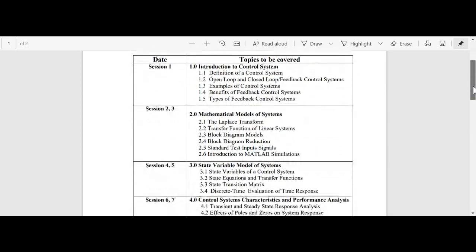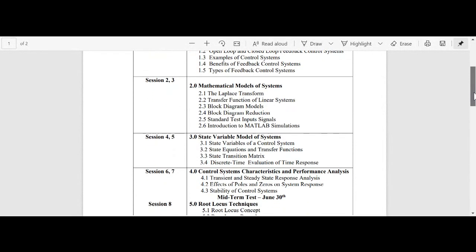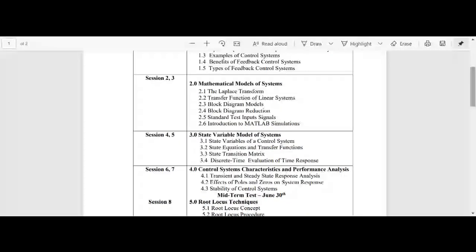Essentially in this section we'll be looking at how we can derive mathematical representations for physical systems, and this will take about 2 sessions.